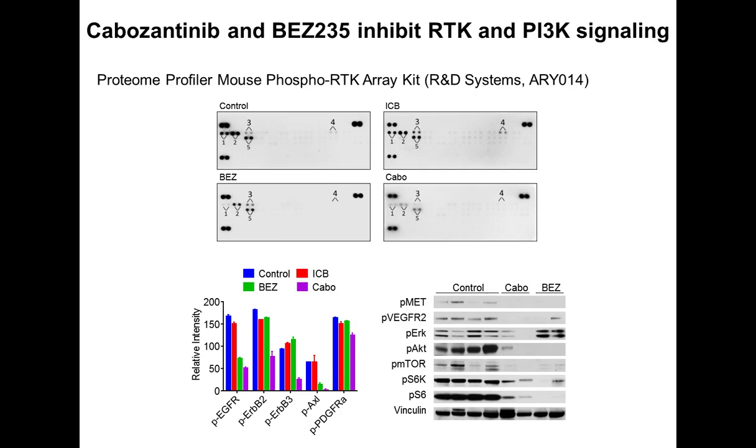And then we validated a few of those signals, but also expanded our understanding by doing Western blots of additional markers in the RTK pathway as well as the PI3K pathway. On the lower right, you see that both cabozantinib and BEZ significantly reduce the signals for phospho-AKT, phospho-mTOR, and phospho-S6.